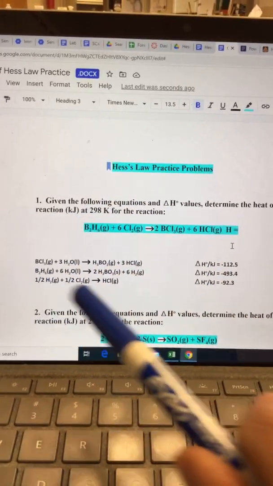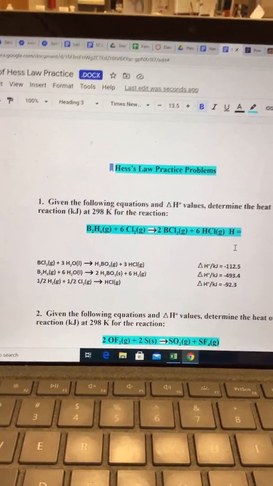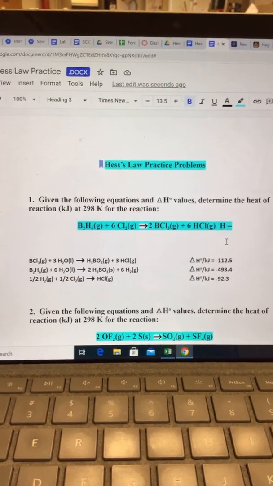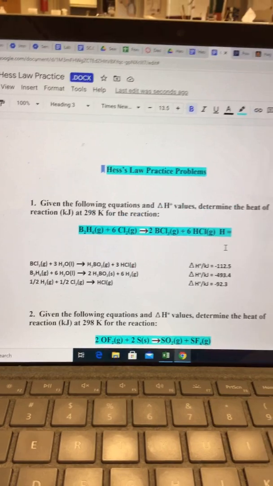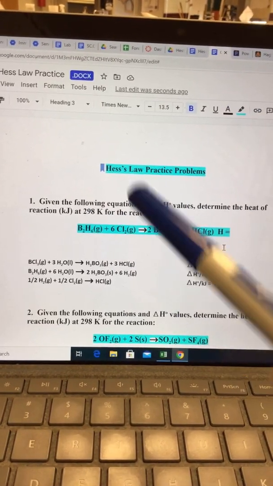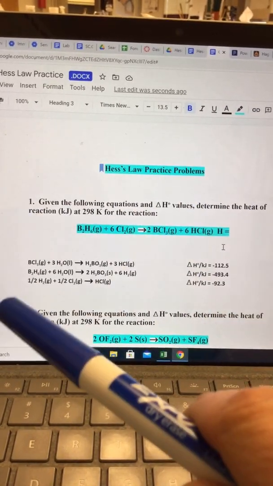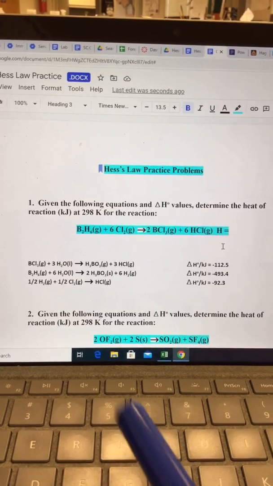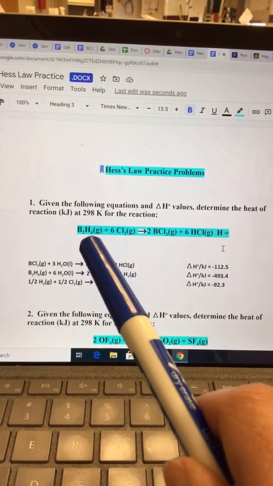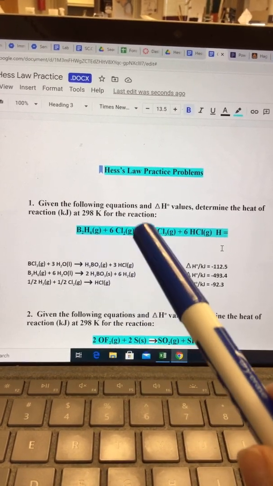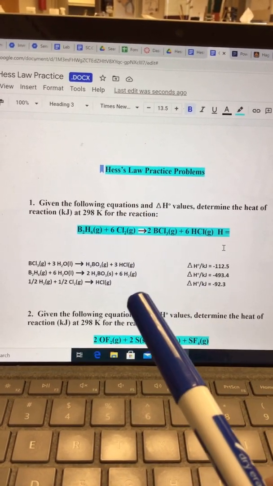And then we're going to rearrange the base equations that we have below in order to find the things that we need, such as B2H6, and we've got to get them on the proper side of the arrow, reactant side versus product side. So the first thing I'm going to do is say I need to find B2H6. And it needs to be on the reactant side of the arrow.